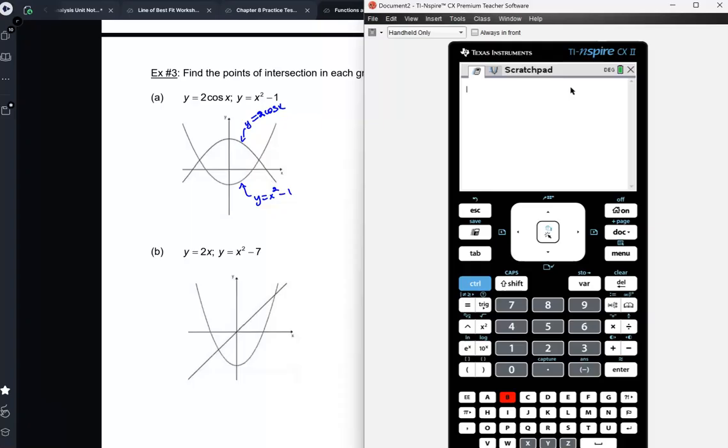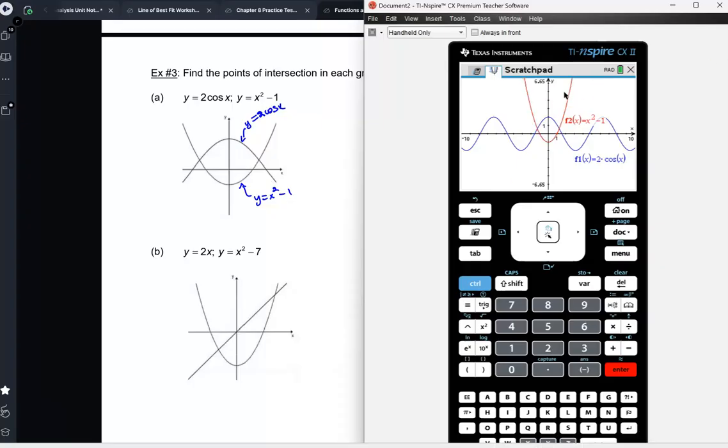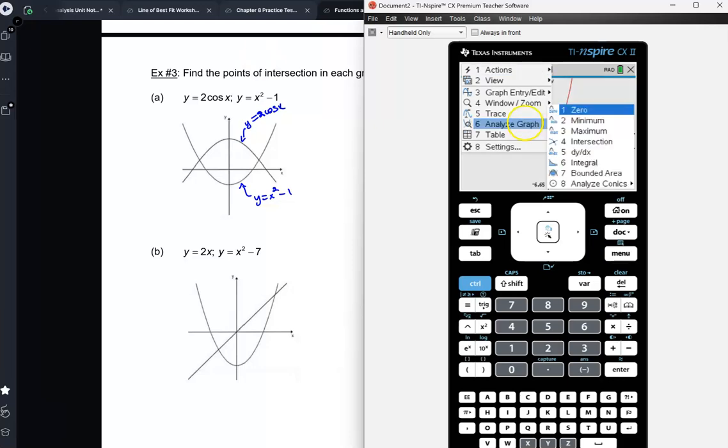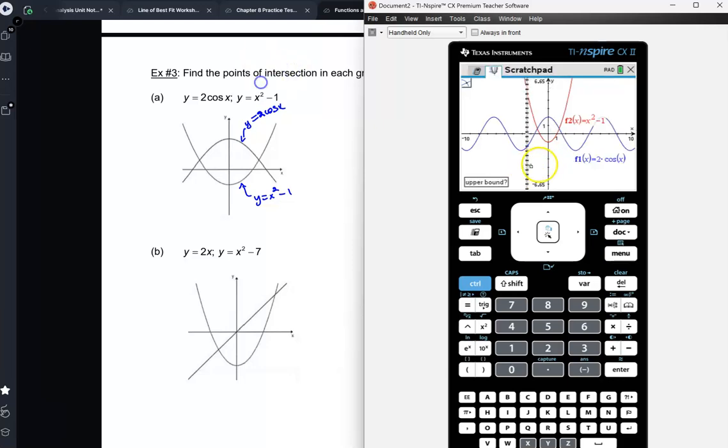So we're going to put in 2 cosine x. And now I do want it to be in radian. And x squared minus 1. And then those are the 2 points of intersection. So menu, analyze graph, intersection.